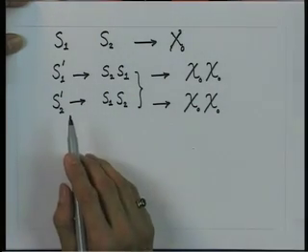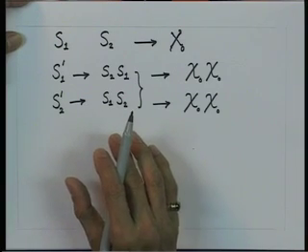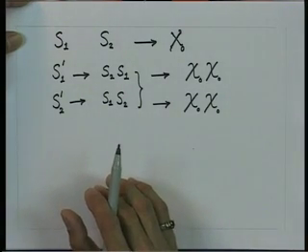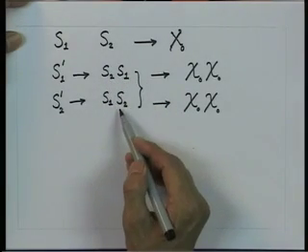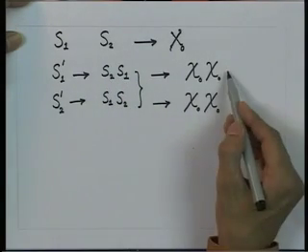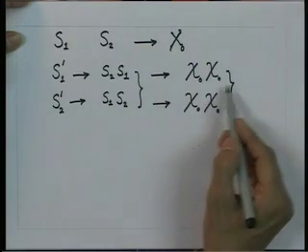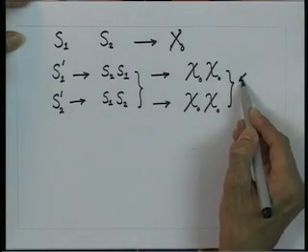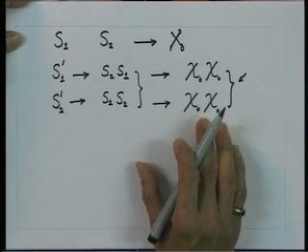Now, if we assume that our code is uniquely decodable, then for two different sequences I am getting the same code word. This is in contradiction to our assumption that the code is uniquely decodable.